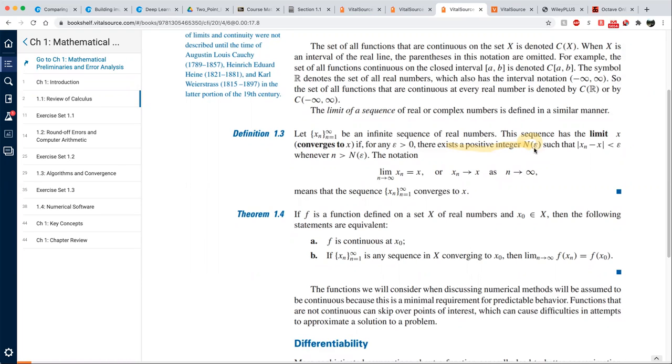That's the meaning of the symbol N of epsilon. Such that |x_n minus x| is less than epsilon, meaning x_n is close to x. Normally epsilon is a really small number.